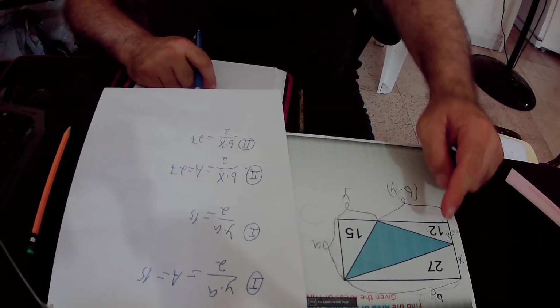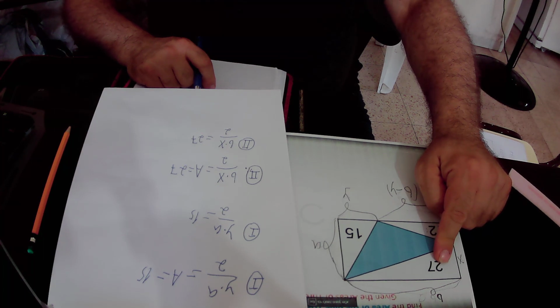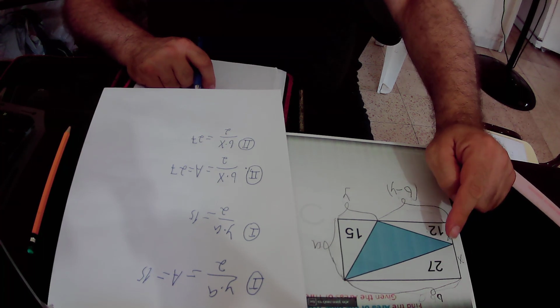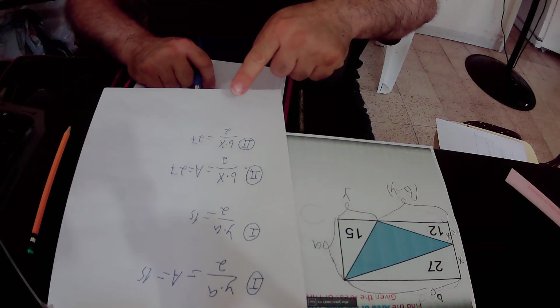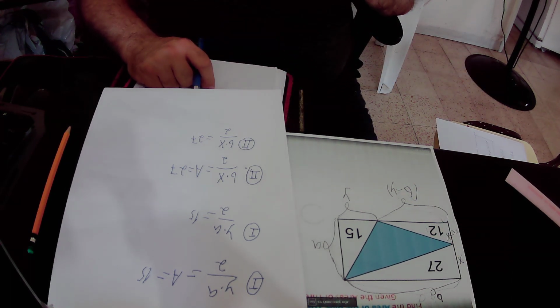Okay, so this is the formula for the area of this right triangle.